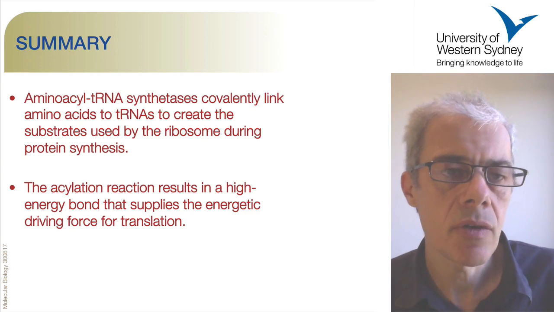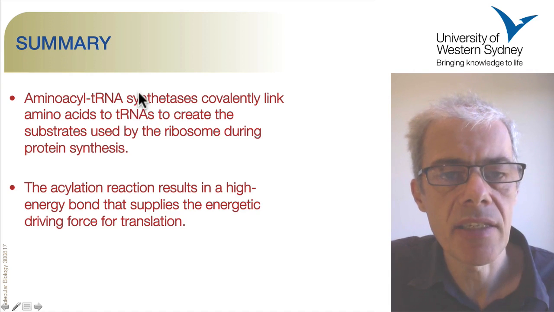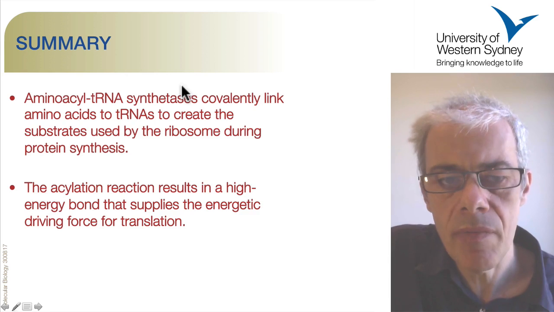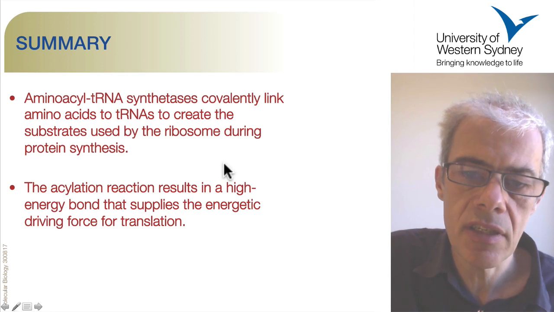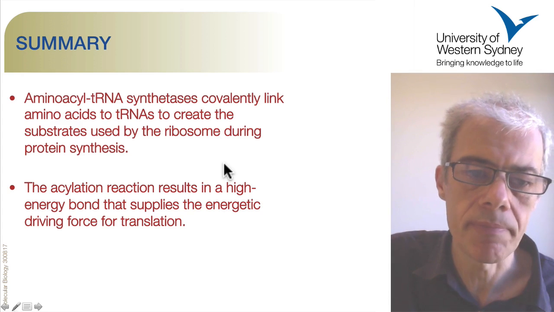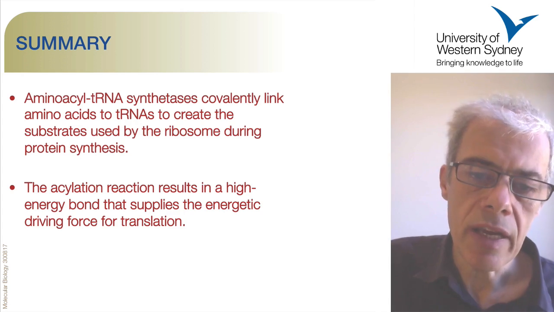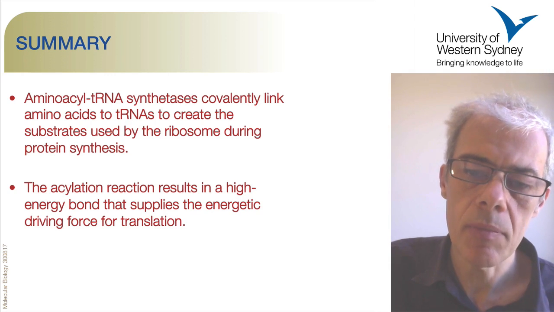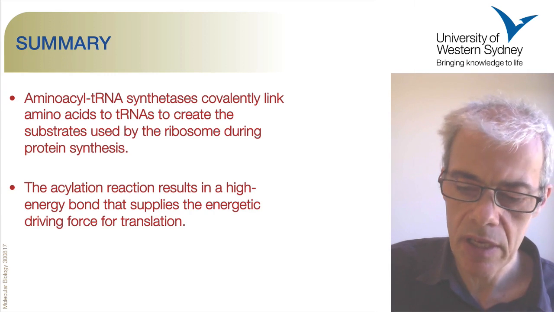So again, to look at the summary points from the textbook, the aminoacyl tRNA synthetases are the enzymes that covalently link amino acids to transfer RNAs, and this occurs in the cytosol away from the ribosome. The acylation charges the amino acid so that it's got a high energy bond, and the breaking of this bond during peptide bond formation drives the process.